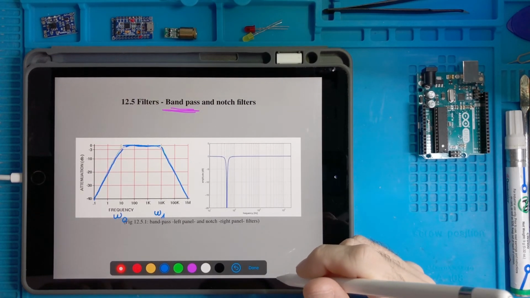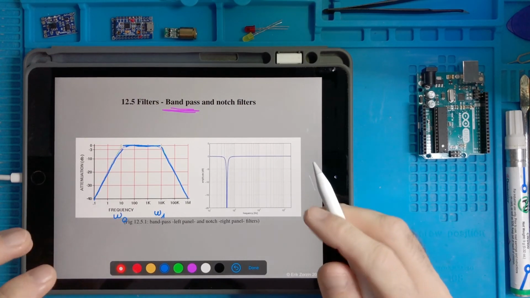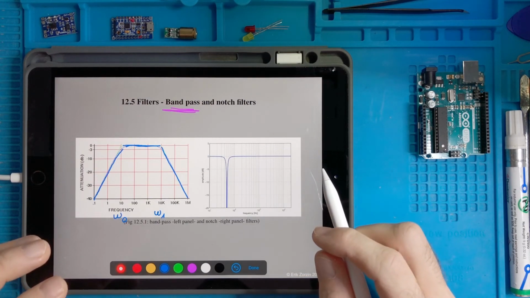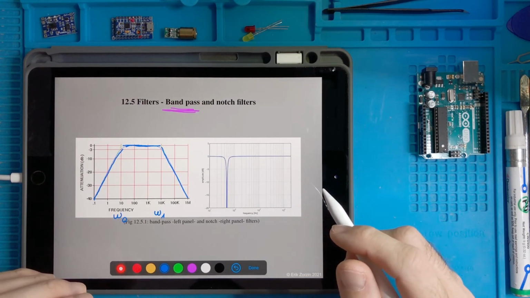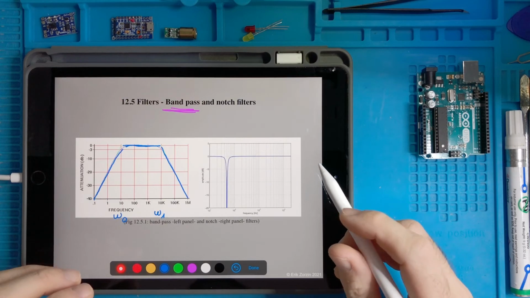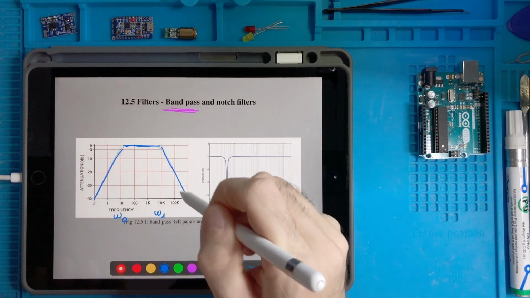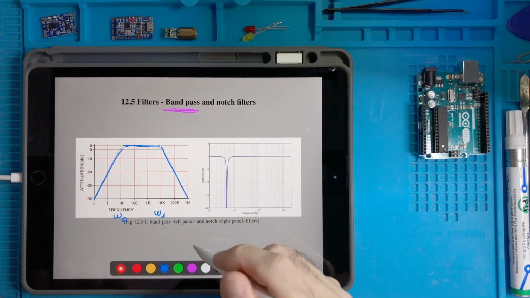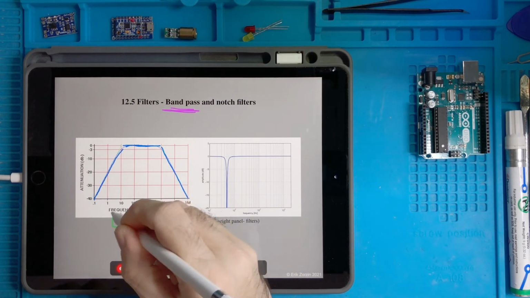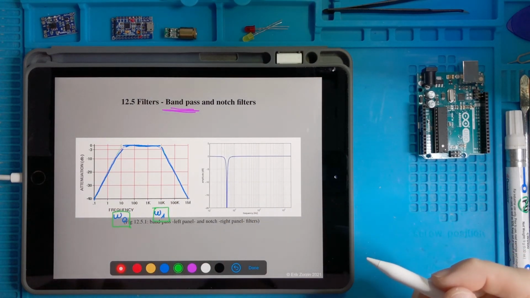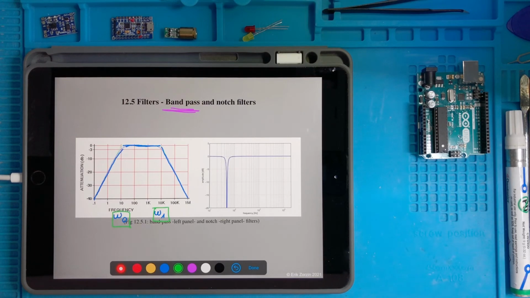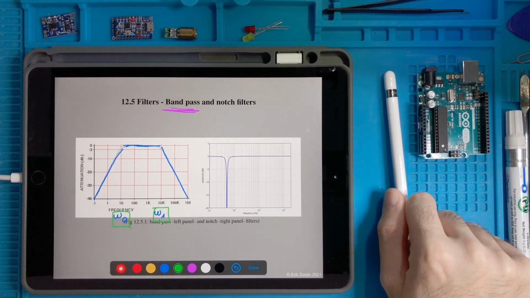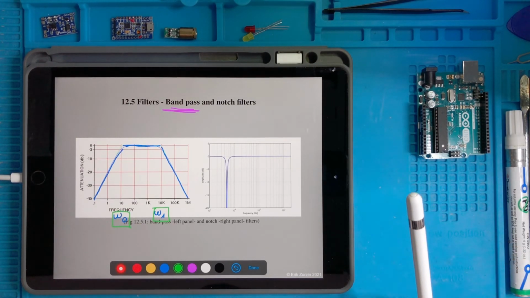So the game of circuit design is to be able to find the components that will produce such kind of transfer function for given omega 0 and omega 1. So we want to design the filter, which means to find the components that can implement this feature.